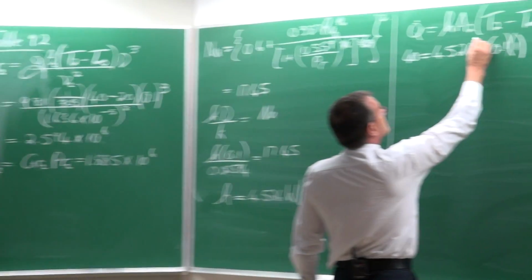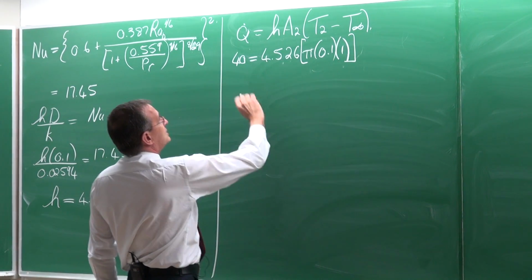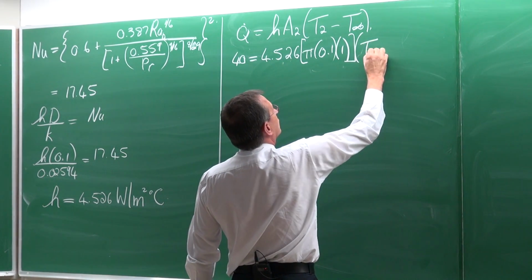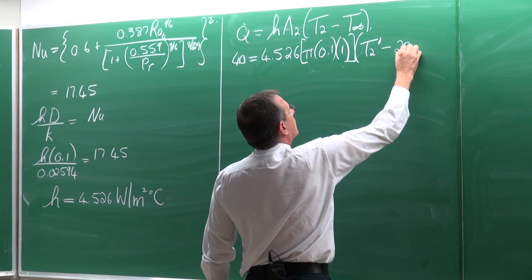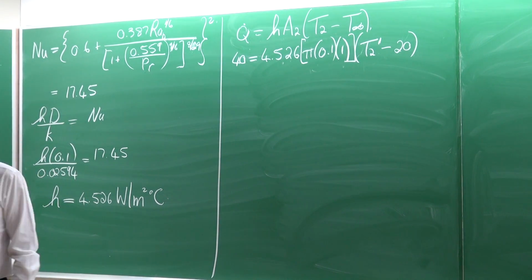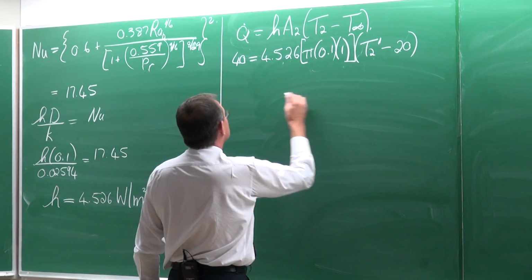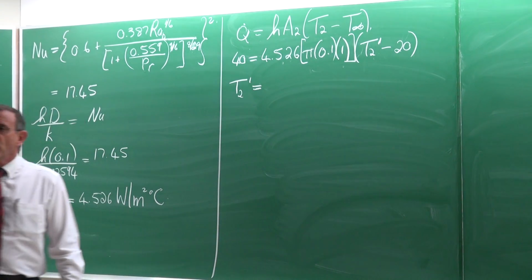So that is my surface area multiplied by the heat transfer coefficient multiplied by T2 now minus 20.